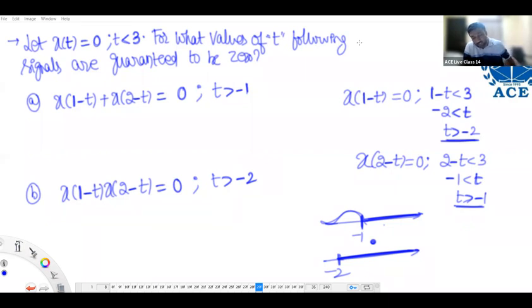The added signal is 0 after minus 1, the product is 0 after minus 2, sir. Okay.